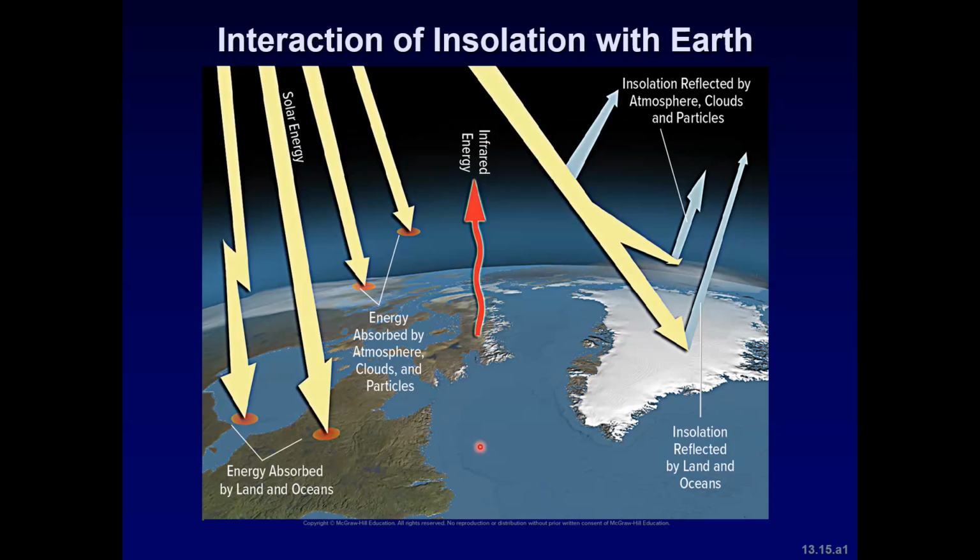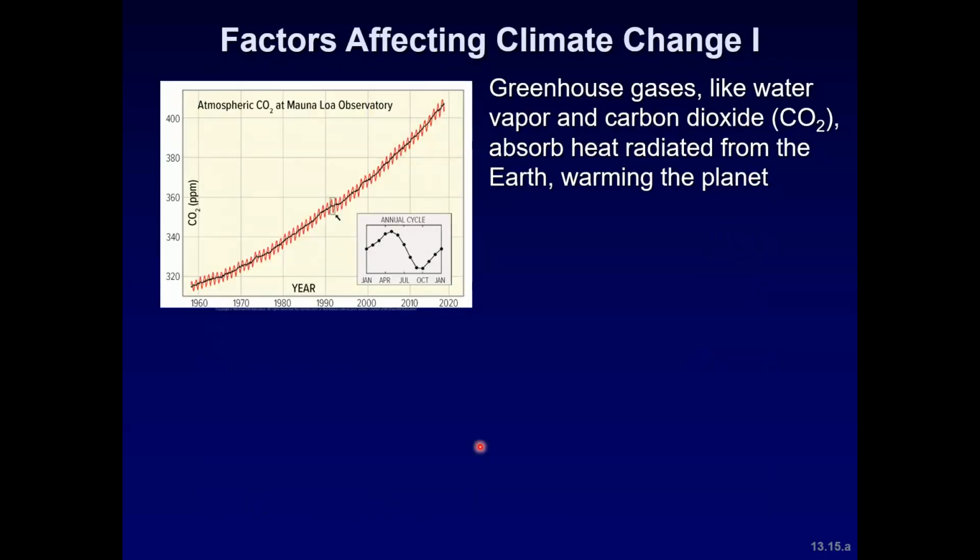We call those aerosols. And then some of it radiates back into space as long-wave energy. We call that infrared. Some insolation is also reflected to space from the land surface and oceans. There are a few factors affecting climate change, and we have a couple parts to this.